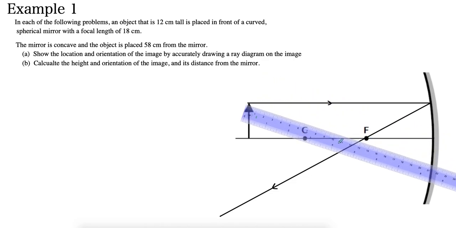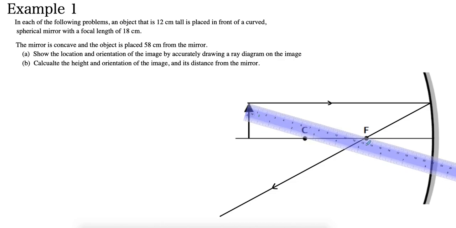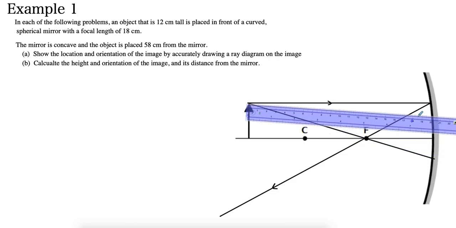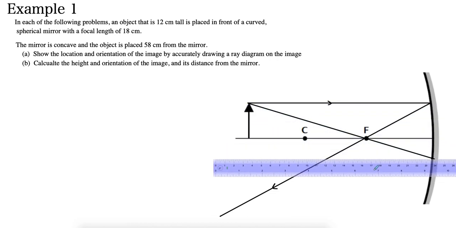The second one that you can do is when it goes through the focal point. If it goes through the focal point, it'll come back parallel to the axis.